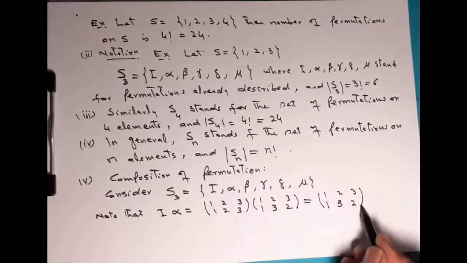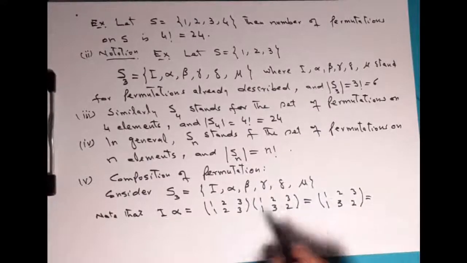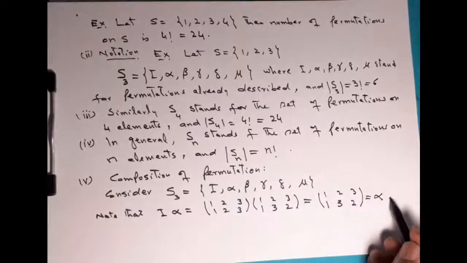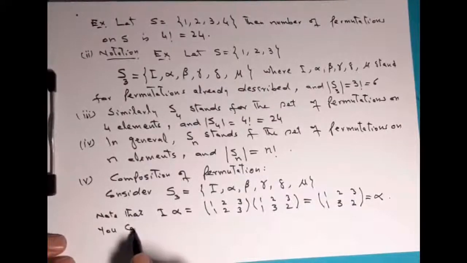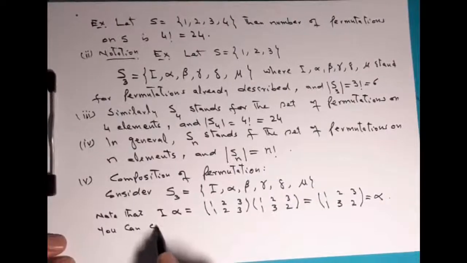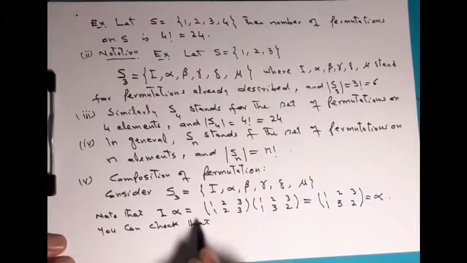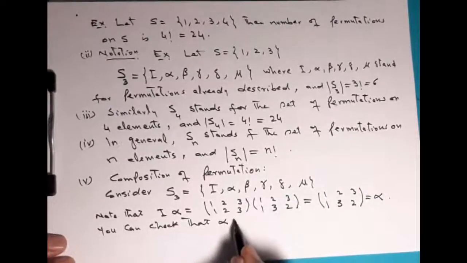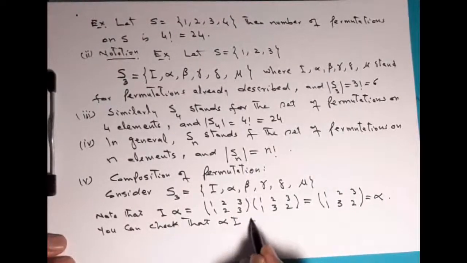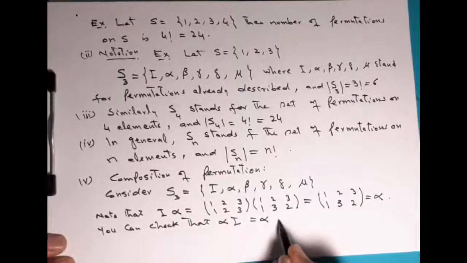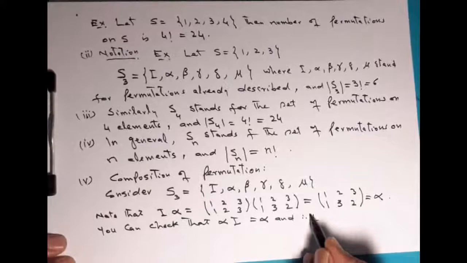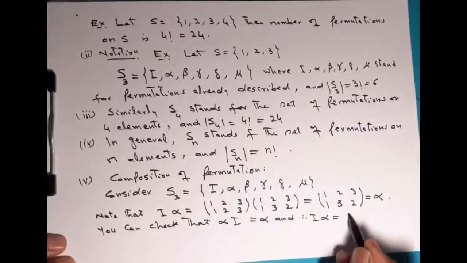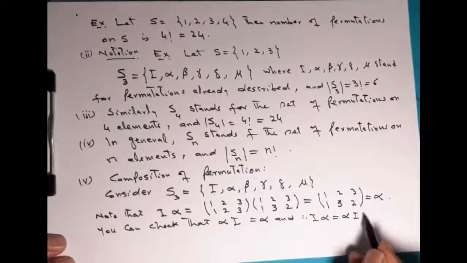So note that this is the same permutation, this is alpha again, and you can check that if we compose alpha with the identity permutation, this will be alpha again, and therefore identity composed with alpha is equal to alpha composed with identity, which is equal to alpha.